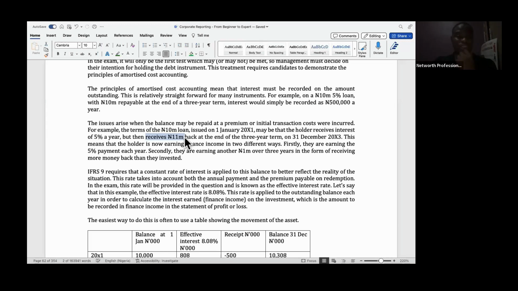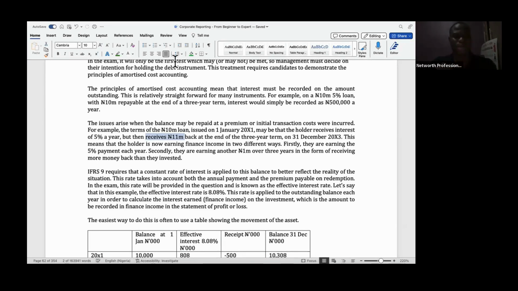Does that mean that extra 1 million should be recorded in the books at the end of the third year?